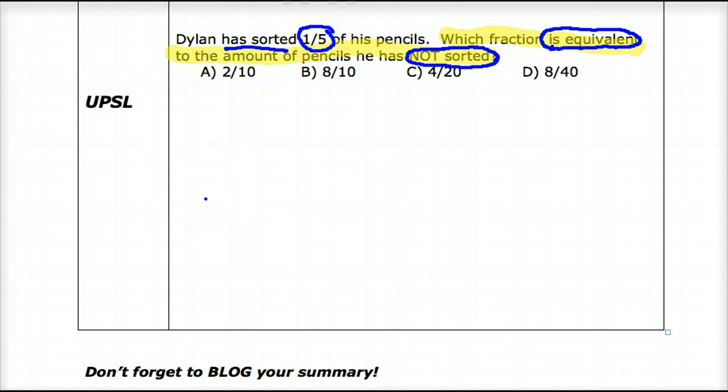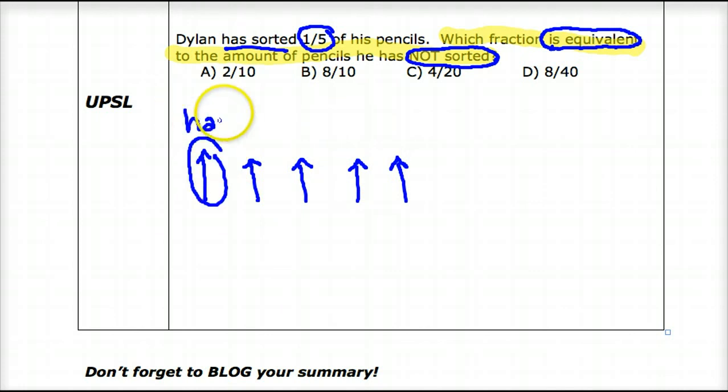So we know that if we have 5 pencils, I like to draw pictures to represent. So let's say we have 5 pencils. He has sorted 1/5 of them, so we'll label that as sorted.